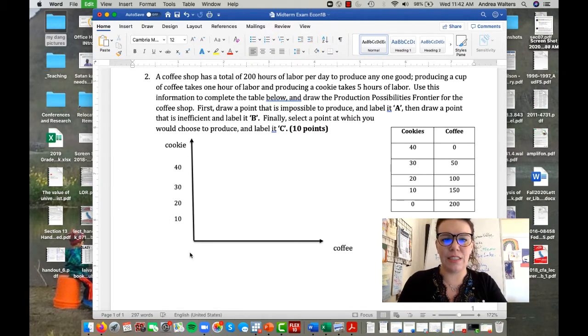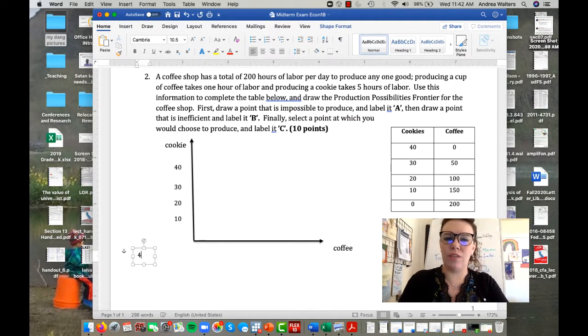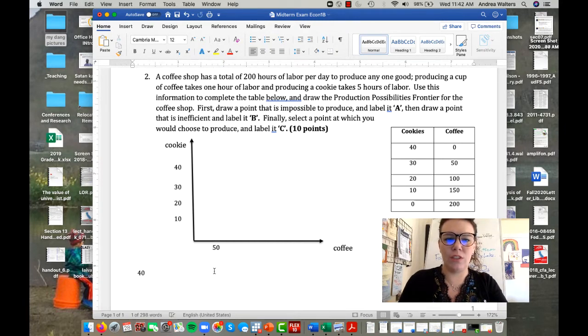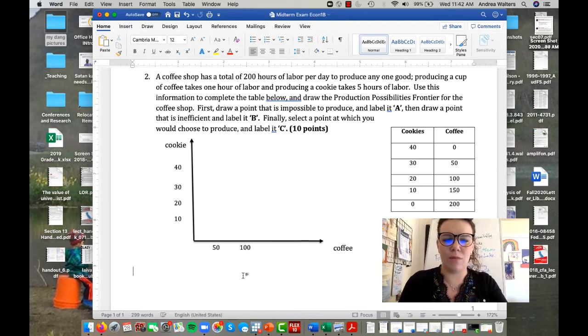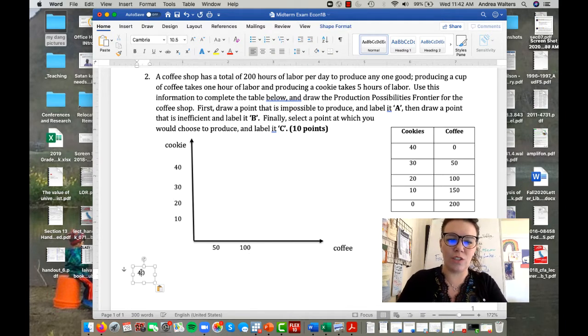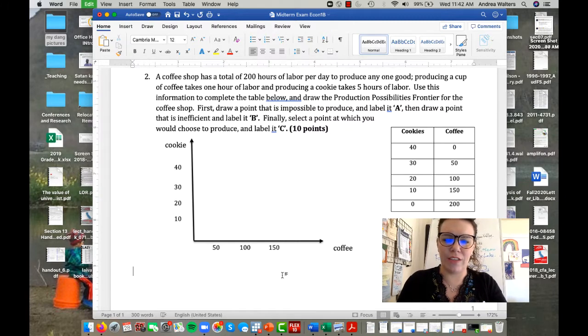That's one of the big ideas from this section, this idea of trade-offs, that we are giving up some number of cookies to make more coffee, or giving up more coffee to make more cookies, and that we're getting that idea of opportunity cost, of making sure we make the most of our precious or scarce resources, and that we're kind of having a sense of how technology and distribution affects those things.